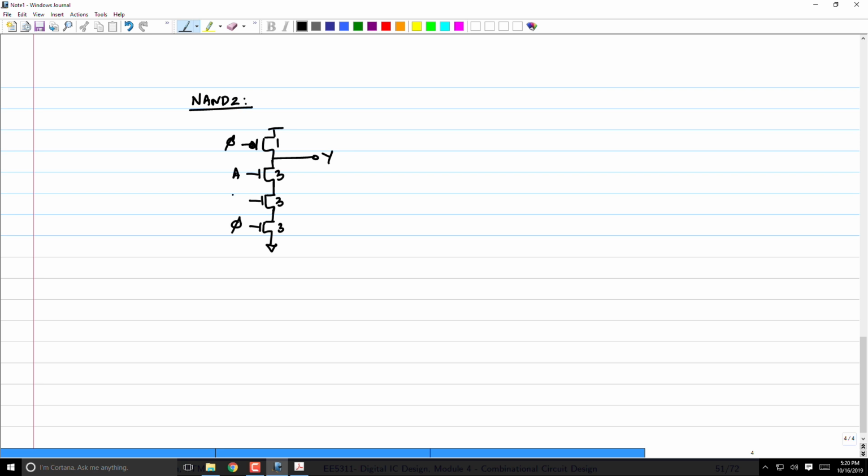This is A, B. What's the logical effort? GA equal to GB. 3C by 3C. Correct? You get 1. So a NAND 2 gate which had 4 by 3 is now down to 1. Clear?